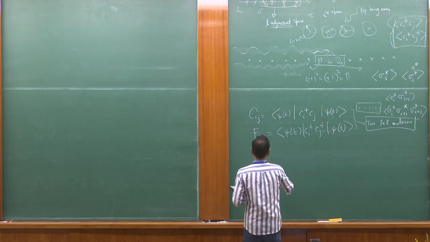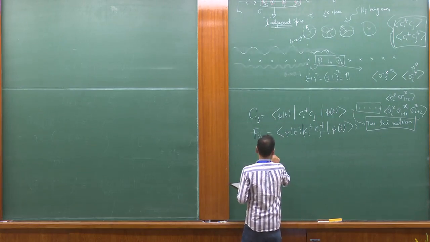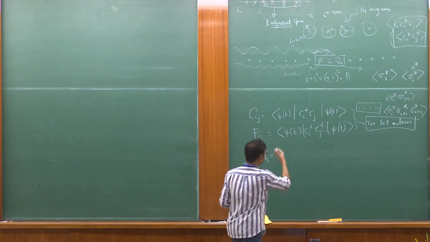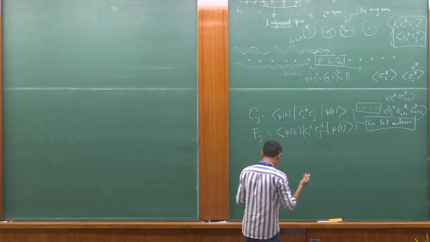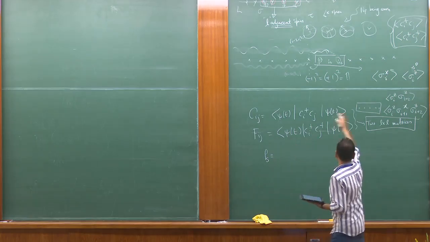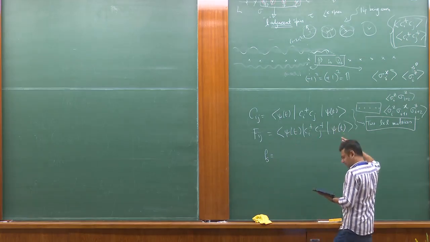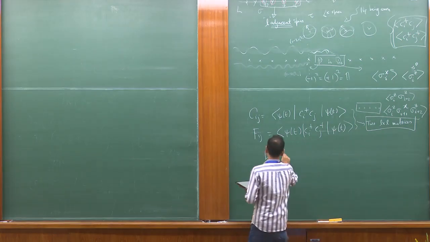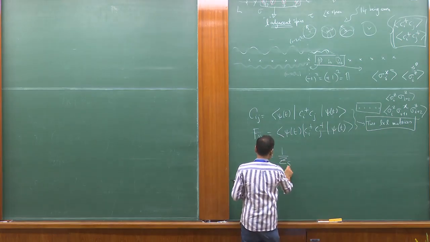So, okay. This reduced density matrix, whatever it is, if I go to the right basis of fermions so that somehow the problem becomes diagonal, then it can always be expressed like this.